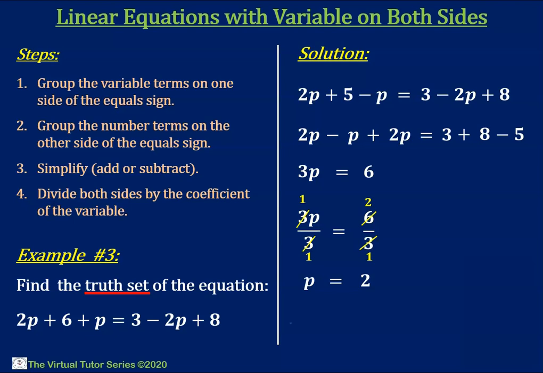Thus, the truth set is the set that contains the elements p such that p is 2. It is always important to look for the demands of the given question and provide your answers accordingly.